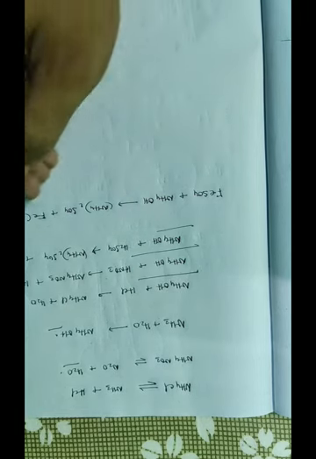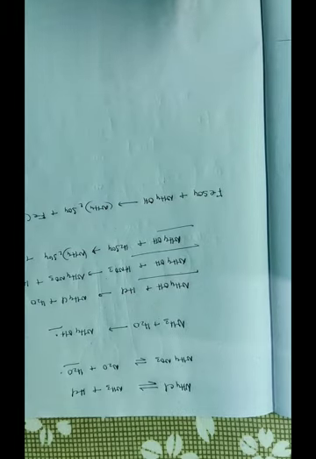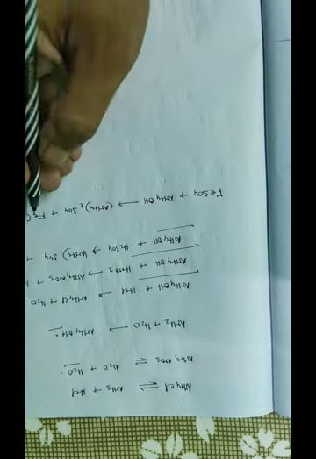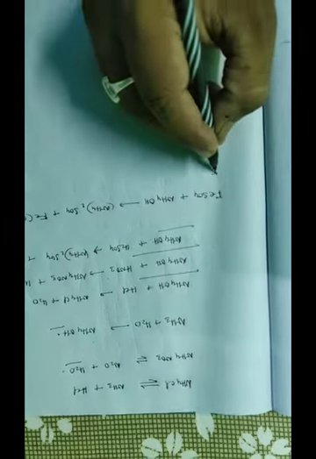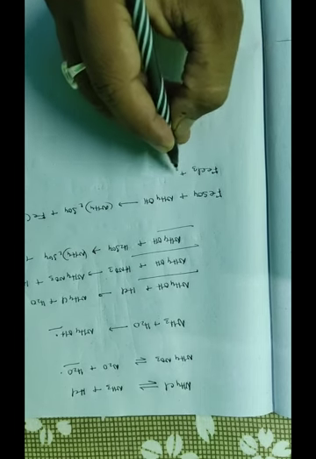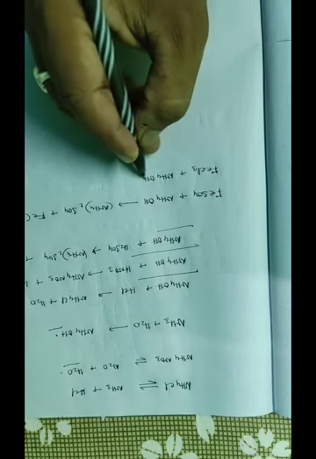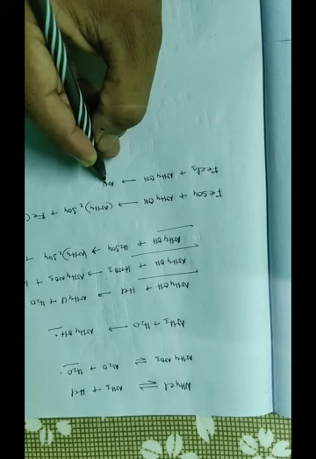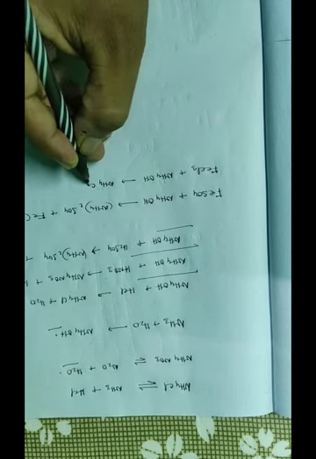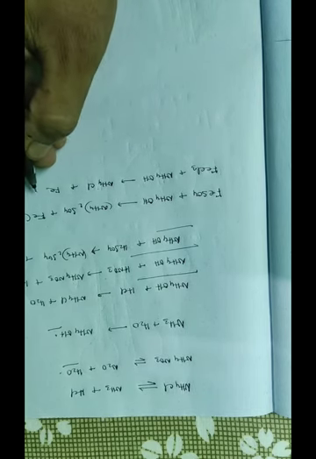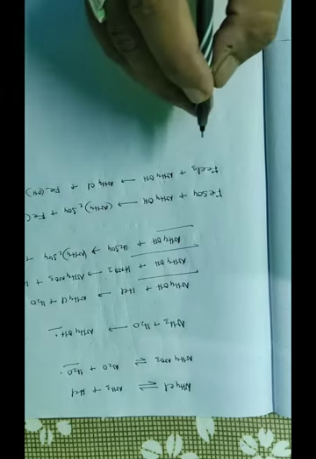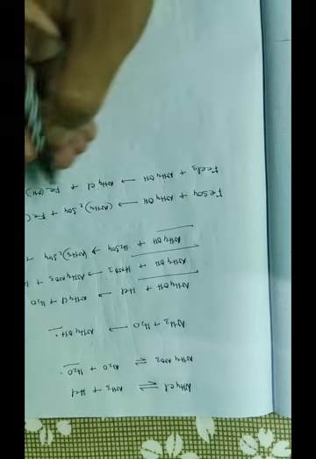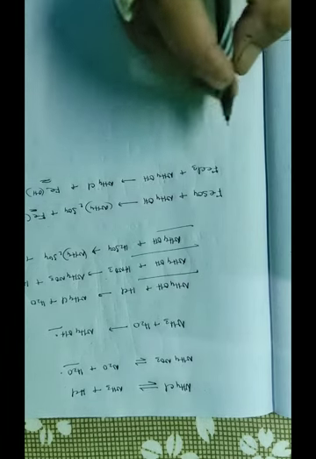And its color is what? It will be a precipitate, dirty green, and it is insoluble in excess of ammonium hydroxide. Like the same, when ferric chloride reacts with ammonium hydroxide, then ammonium chloride plus Fe(OH)3. Its color is reddish brown. This is dirty green and this is reddish brown.